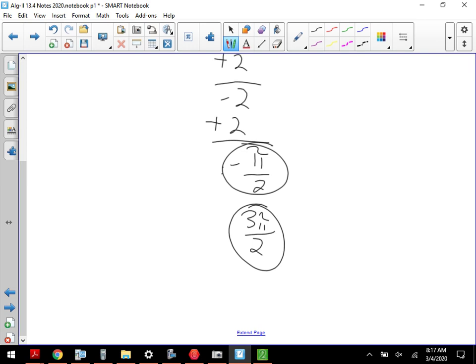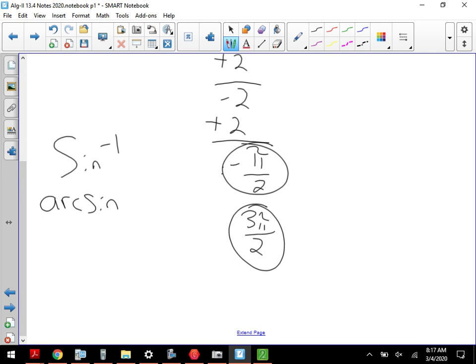One of the things that I did not mention when we were talking about inverses, as you get into pre-calc, is that they might not just say sine inverse, they might say arc sine, arc cosine, arc tangent, arc cotangent.